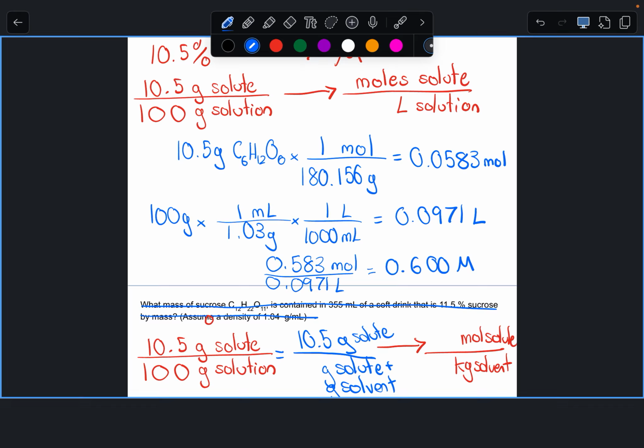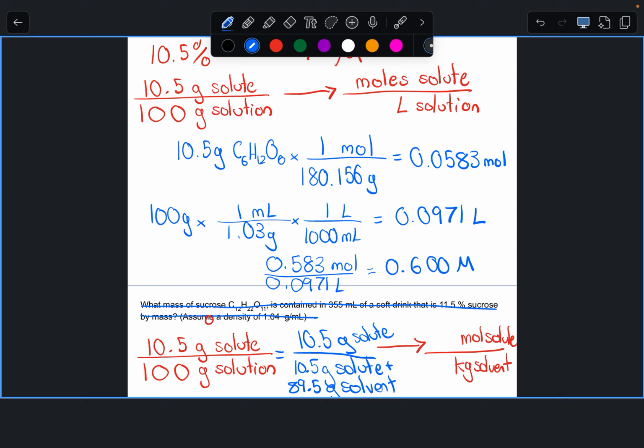So you're always going to have this number on the top, and then it's part of the bottom. So I'm going to rewrite that 10.5 on the bottom, and then I'm just subtracting it from 100 to figure out how much solvent there is. So 89.5 grams of solvent. So I didn't have to do that in the first problem.